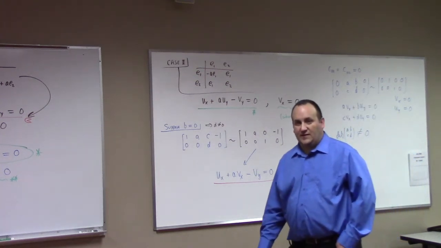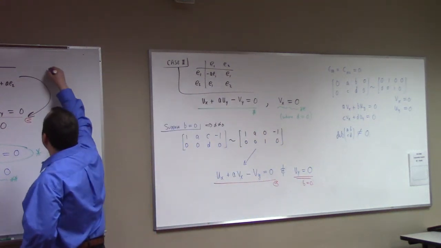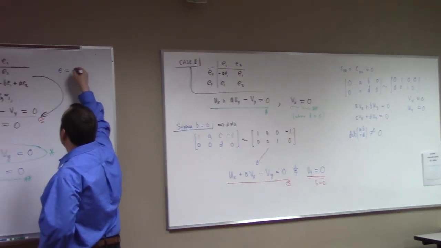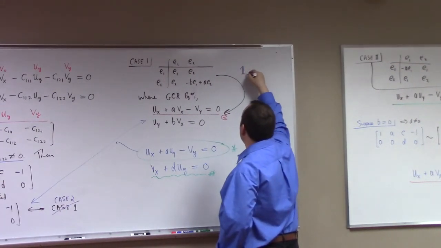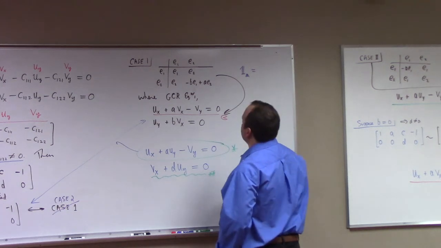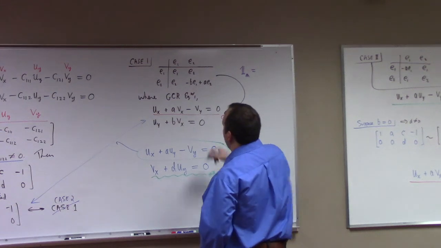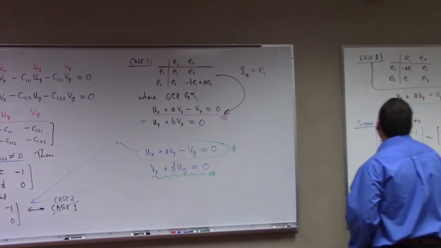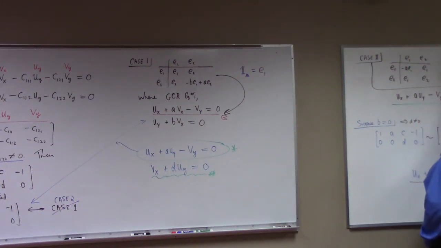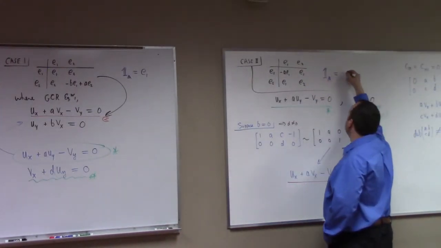What's the unit for case 1? What's the identity in the algebra for case 1? If you look at, yeah, it's E1. You can see it, right? What's the identity in case 2? It's E2.